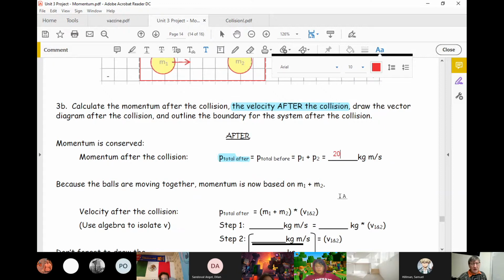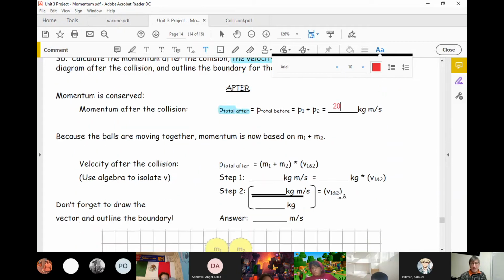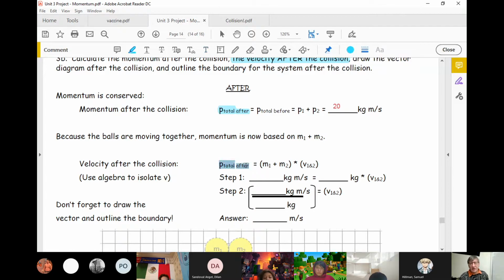Now comes the tricky part about velocity. It's going to take some algebra to do this. So, first of all, because the balls are moving together, momentum is now based on their combined mass. Now I've used this blue highlighting to show the momentum after the collision, so that's right here in blue.